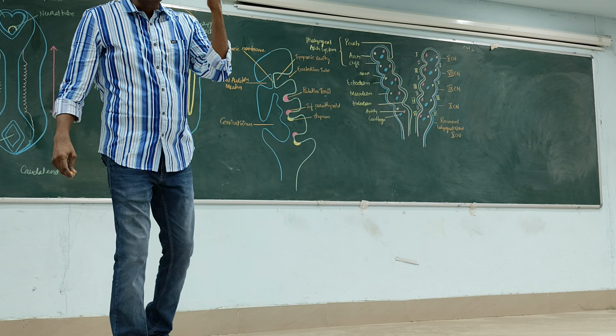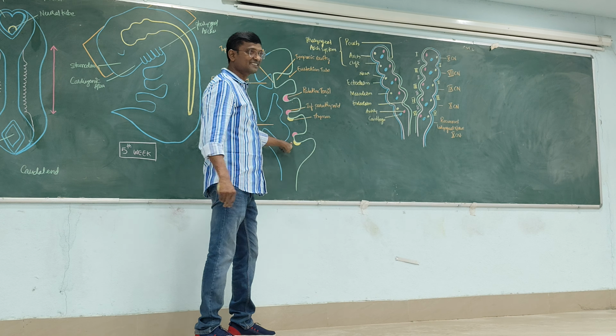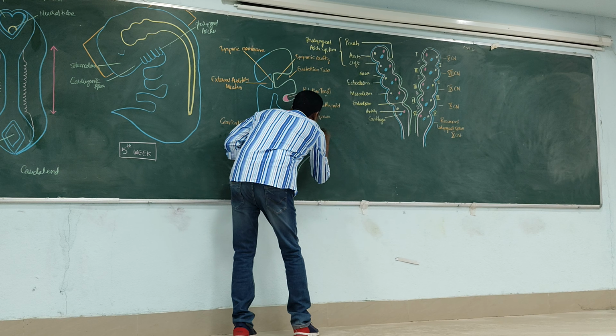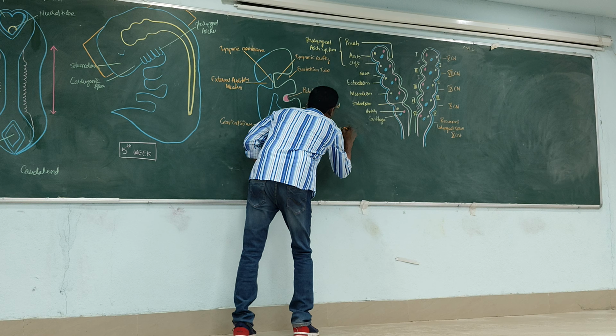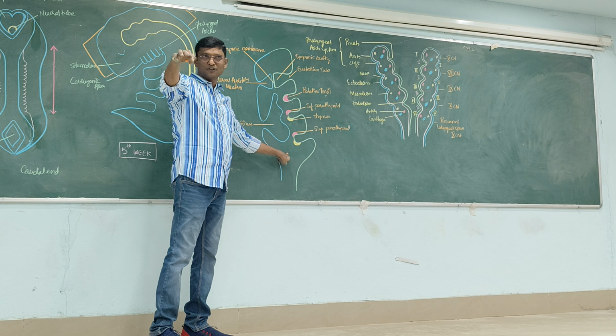Now coming to the dorsal expansion of the fourth pouch of the pharyngeal arches. This fourth pouch will develop into what? Superior parathyroid.